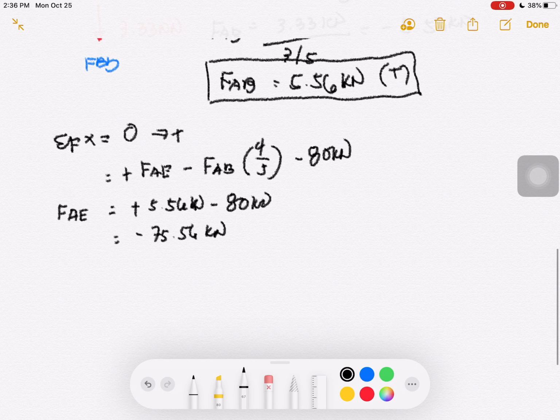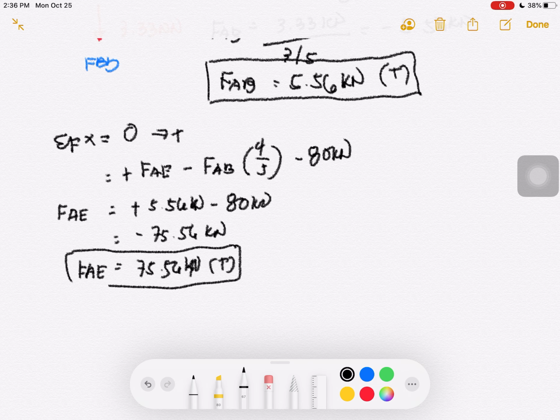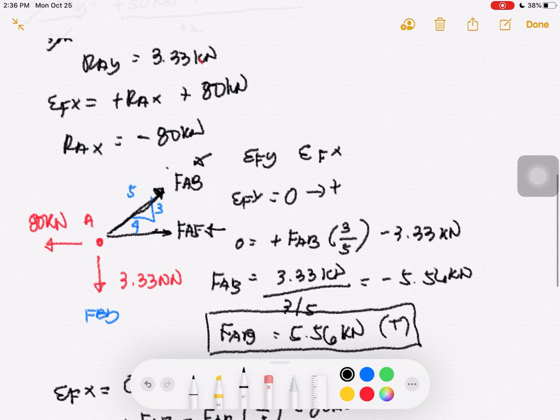Okay, so FAE mo is 75.56 kilonewton in tension. Okay, so meron ka ng ito na. At joint A you calculated member AB and AE.